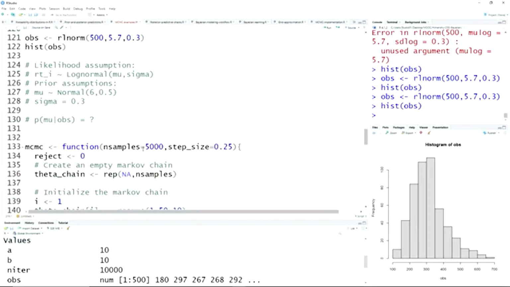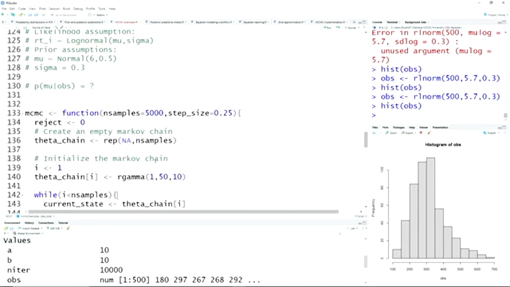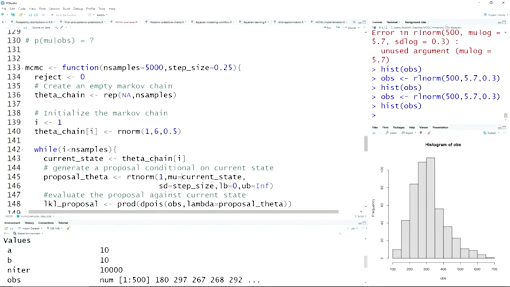So this is my MCMC function. I will still define number of samples, step size, all these things will remain there. Then I created an empty Markov chain. I initialized the Markov chain. Now I can draw from a different distribution because I'm drawing these samples for mu. So let us draw samples from prior distribution of mu. Let's say rnorm(6, 0.5), okay. And then this will become current state of the chain.